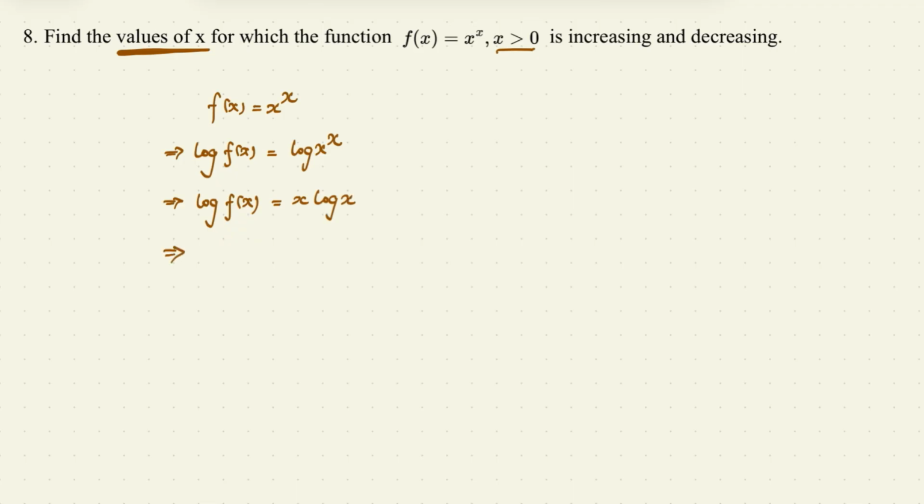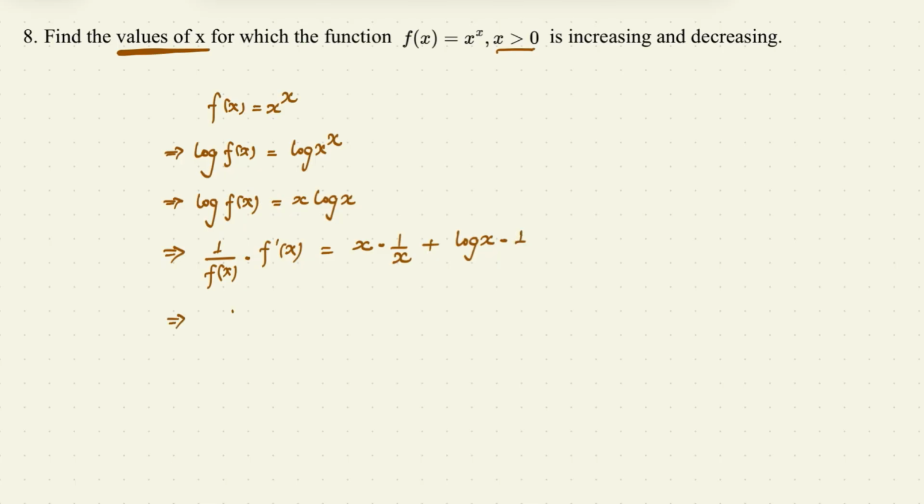Now let us differentiate both sides with respect to x. Then d/dx of log of f(x) will be 1 by f(x), and by chain rule times f dash x, equals, let us use the product rule here. So keeping x first, differentiating log x, it will be 1 by x, plus keeping log of x and differentiating x, we will get 1.